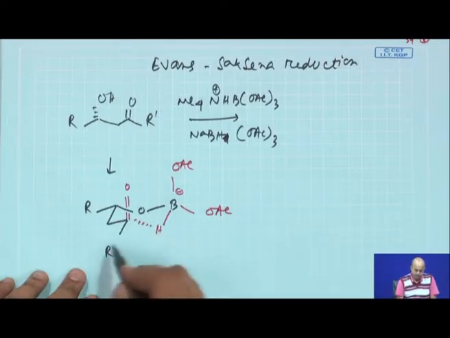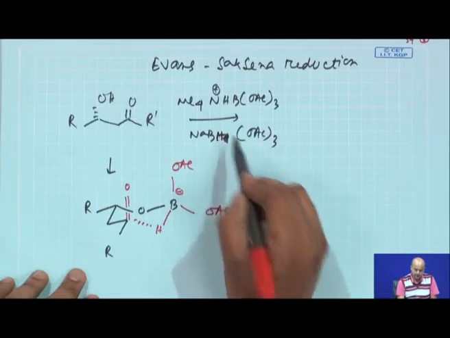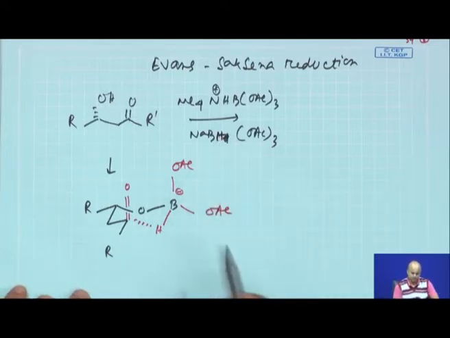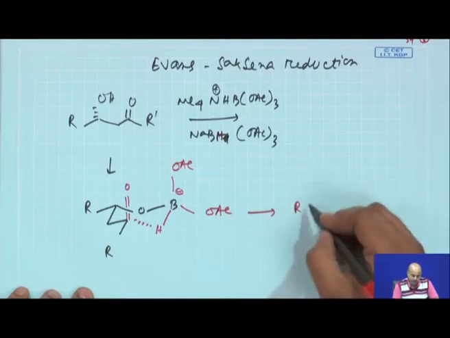Then you have a hydride which was there in the initial reagent, and you get the internal hydride delivery and you get the anti-alcohol.